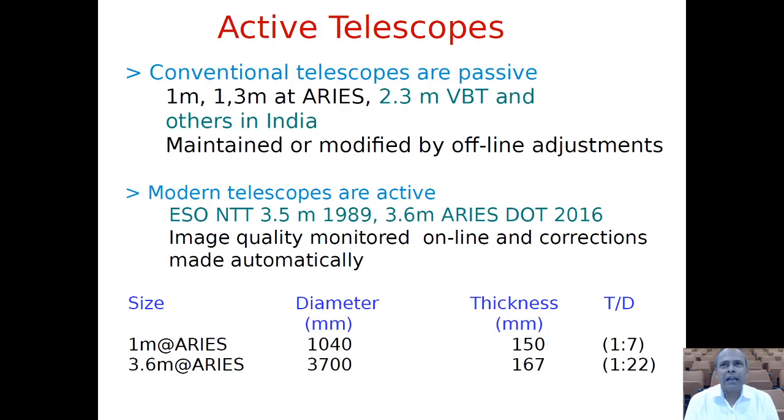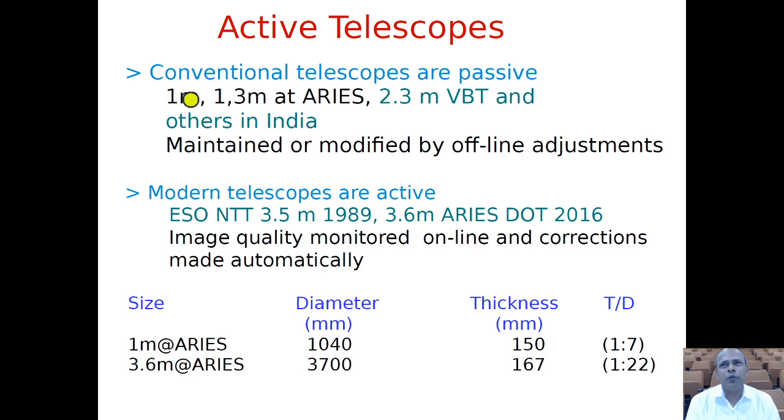Now, active telescopes, how they came into being. Before 1989, I would say since 1609, all the telescopes were conventional telescopes, called passive telescopes.